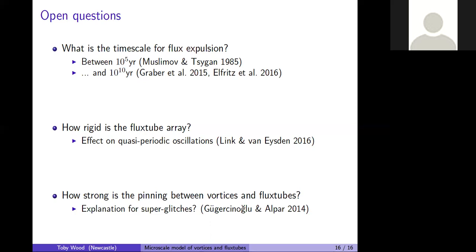What you need to do is decide what are the right questions to ask. So here's a few examples. Something you can easily do is say, if I take my array of flux tubes and now I perturb it, how stiff is it? How does it respond?